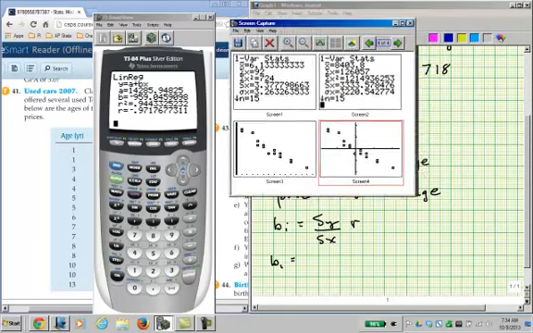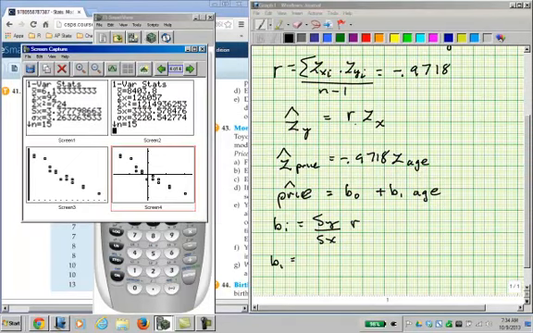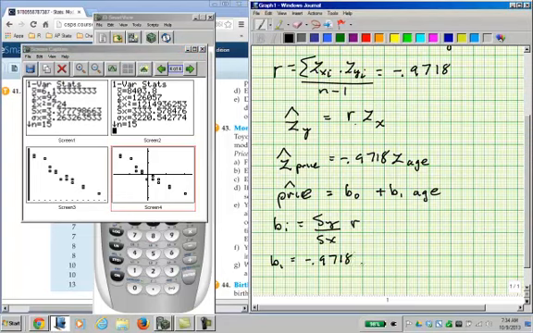So it's going to equal negative 0.97, let's use our rounded one, times the standard deviation of the y variables, which is 333.6, divided by the standard deviation of the x coordinates, which is 3.3778.